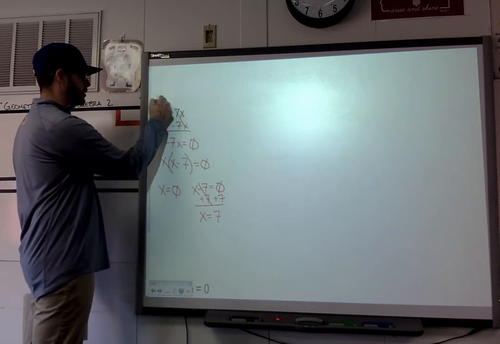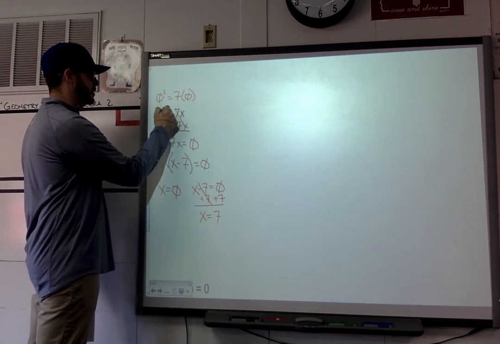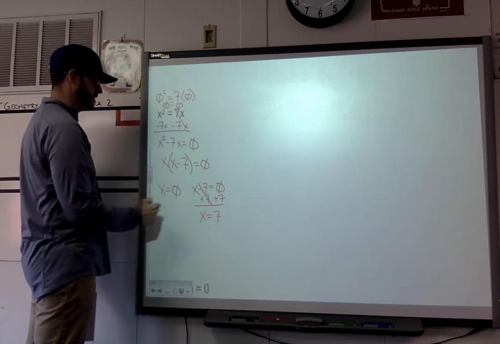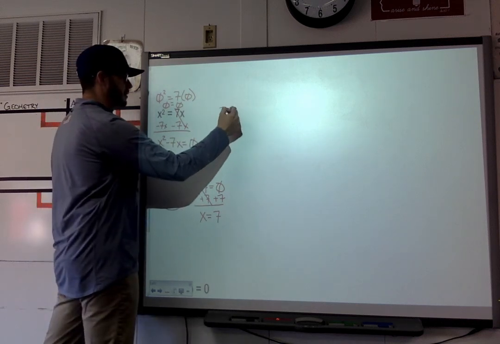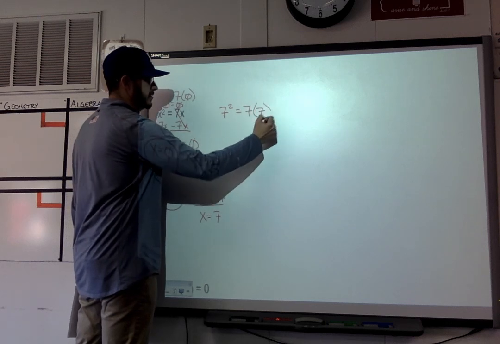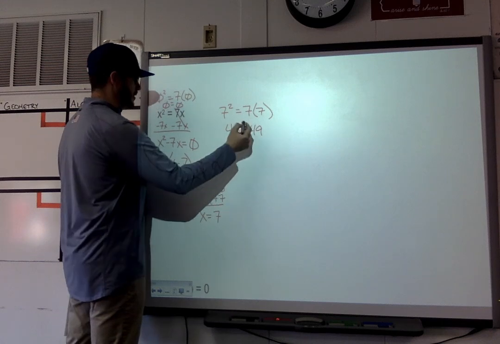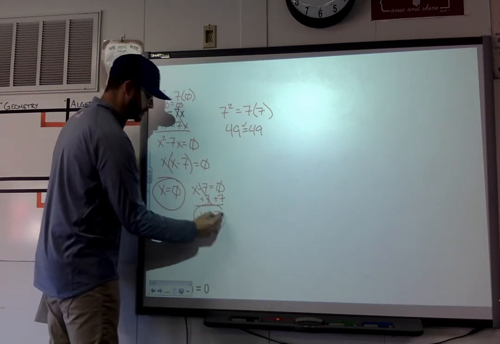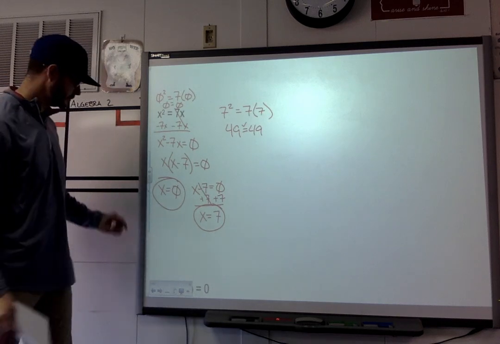With 0, we would have 0 squared equals 7 times 0, or 0 equals 0, so that does work. With 7, we would have 7 squared equals 7 times 7, or 49 equals 49, which is true. So x equals 7 would also be a solution here.